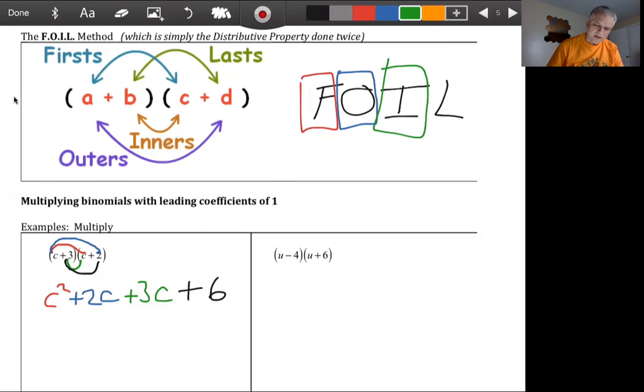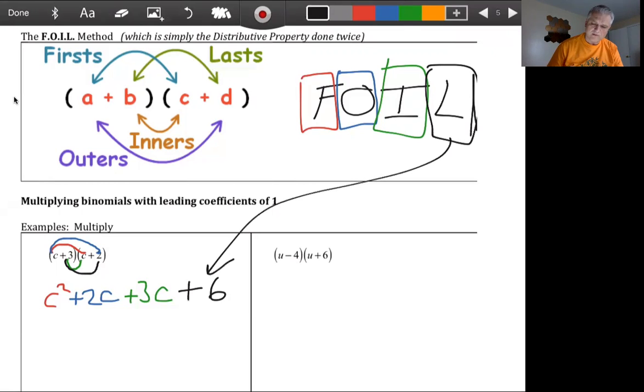And then we multiplied the plus 3 times the plus 2. We multiplied the last term in the first parentheses times the last term in the second parentheses. So the lasts went right there.